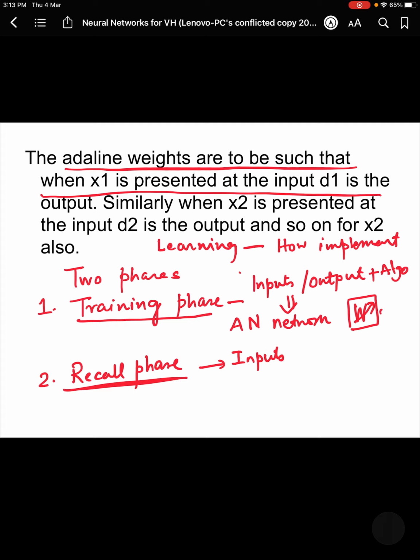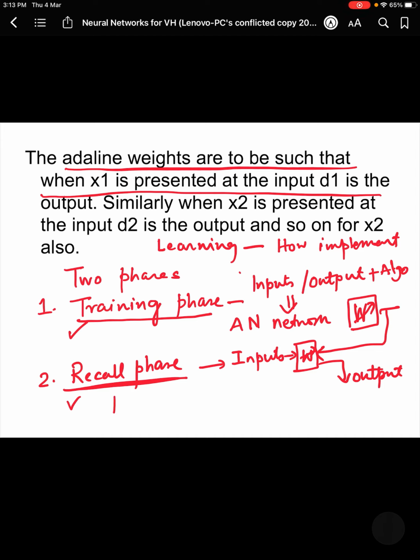Since the network is already developed, the input is supplied to the network, and the network gives you the output, and that is what the recall phase is, that is, the network in use. So once the training phase is over, we can use the network in the recall phase, that is, the using of a neural network.